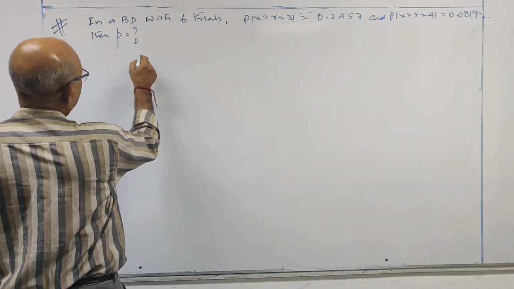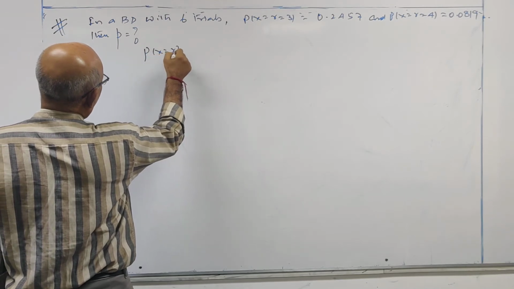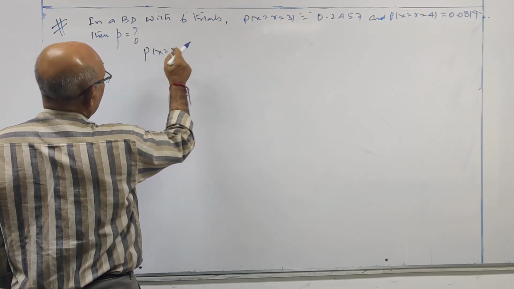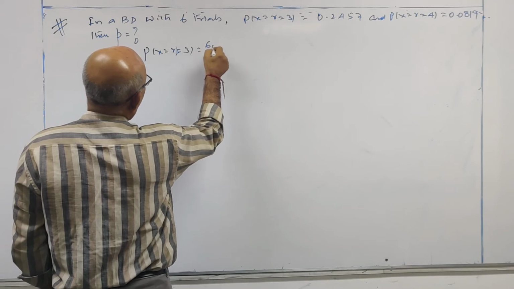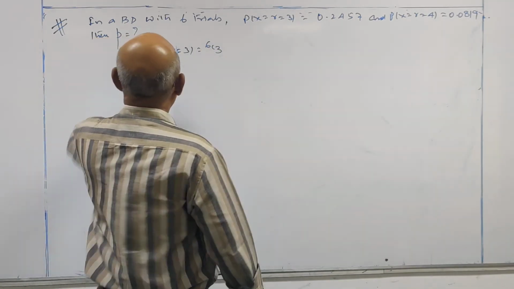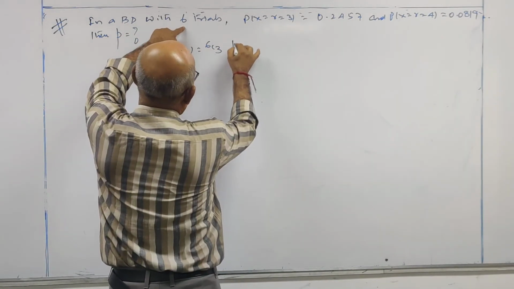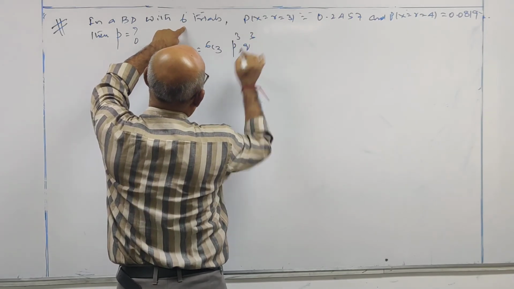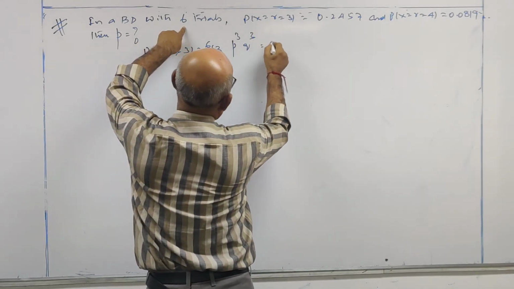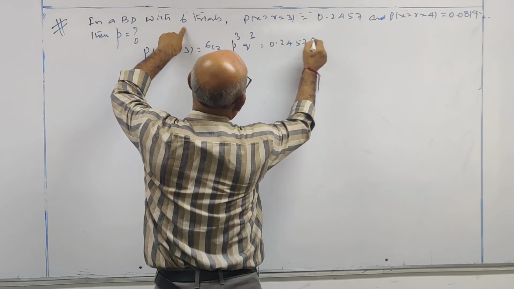Now look at this. Probability of x is equal to 3: this is 6c3, n is equal to 6 given, p to the power of 3, q to the power of 3 is equal to 0.2457.